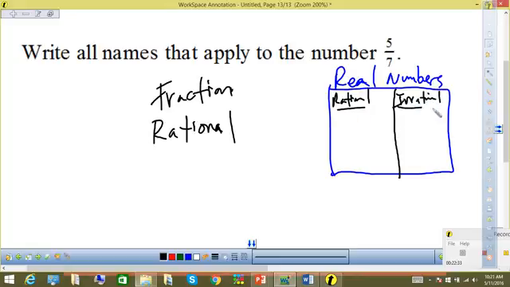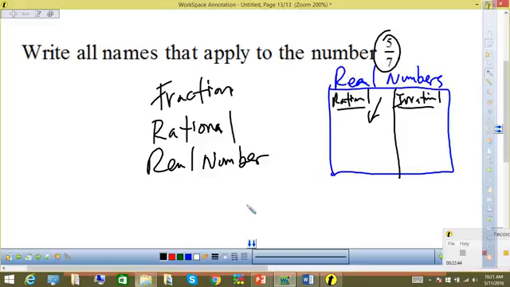Remember that? Since this one falls in here, it's also part of what? So this is also a real number. Ever see that? Okay, all right, so those are the 3 names for that.